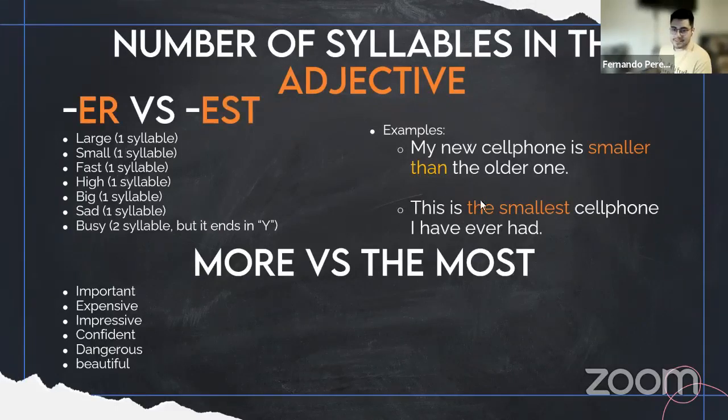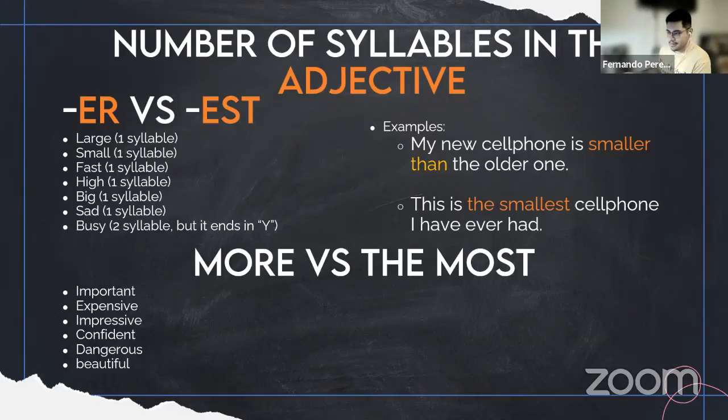In the second example, it's not necessary to say in the world or of all. You can say this is the smallest cell phone of my life. That's possible too. But I prefer to use another one.